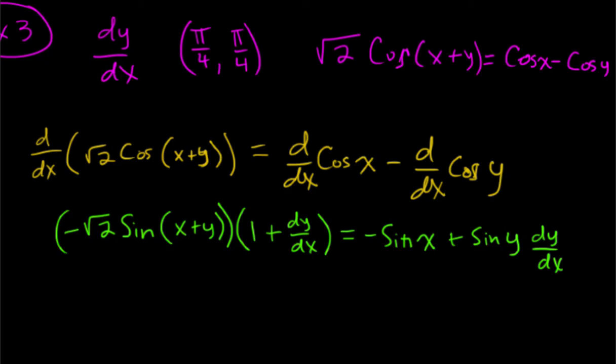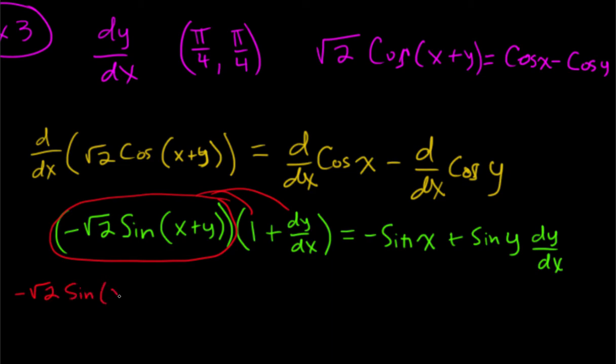Now, the next thing we want to do, we're going to essentially distribute this to both of these pieces. So we have negative square root of 2 sine of x plus y, and that's times by 1, so that's good. Then we distribute this to this.